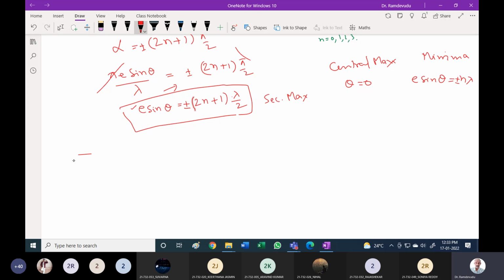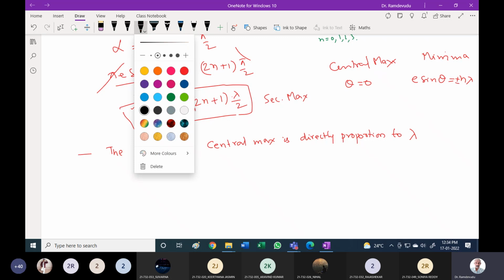Therefore, the conclusion is that the width of the central maximum is directly proportional to lambda. That means it depends on the wavelength of incident light.